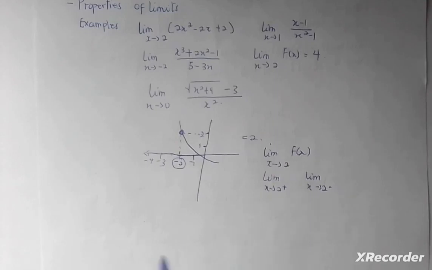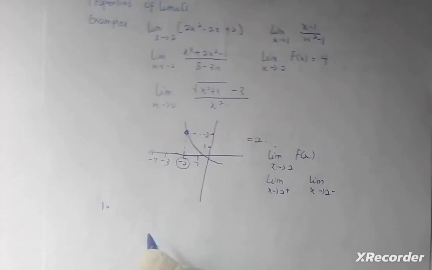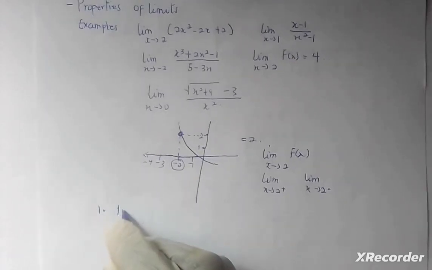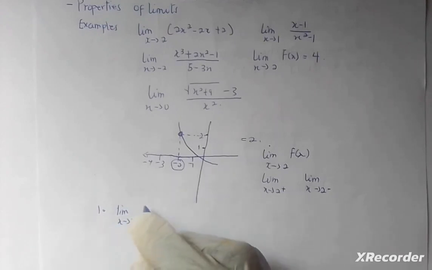Limits have their own properties. The first property I'll talk about is that when you find the limit as x approaches any number, say x0, of a function f plus g of x, this means that you have two functions being added together.